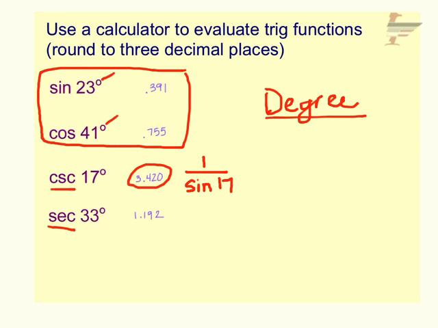Secant is the reciprocal function for cosine. So you'll have to type in 1 divided by cosine of 33. And when you type that in, you should get 1.192. These would be silly points to miss on a quiz or test. So just make sure that you have those down, no problem, before moving on.